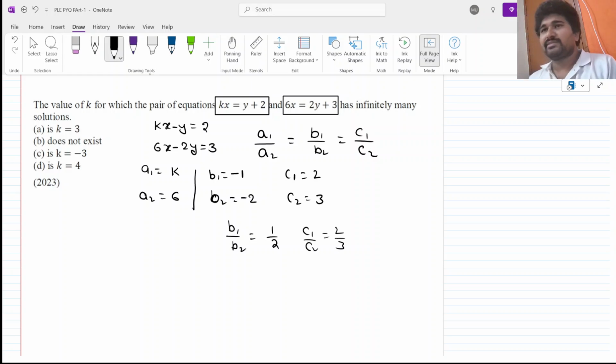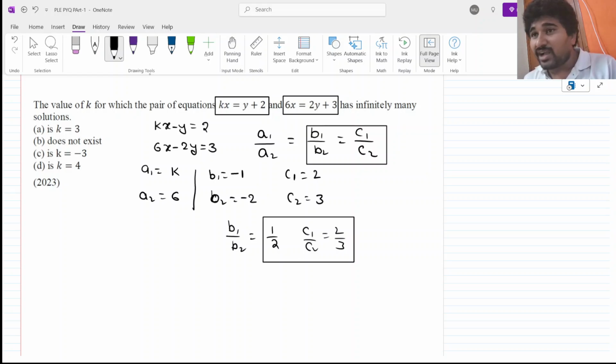Oh my god. How should this be? First of all, B1 by B2 should be the same as C1 by C2, right? Why is it not? It is not. Whatever K you put, you will not be able to make these equal, right? Yes or no? So K does not exist to make it have infinitely many solutions.